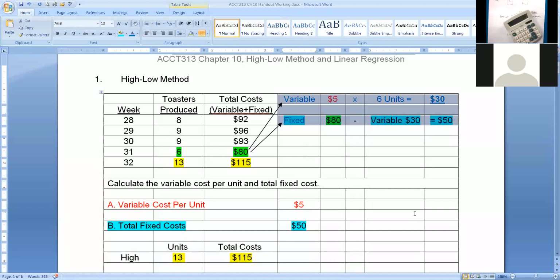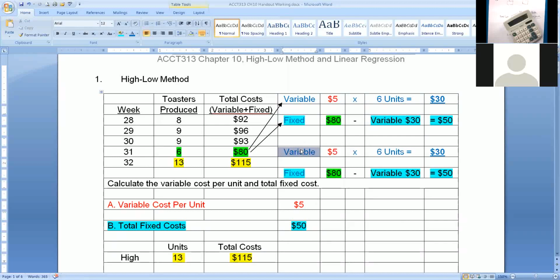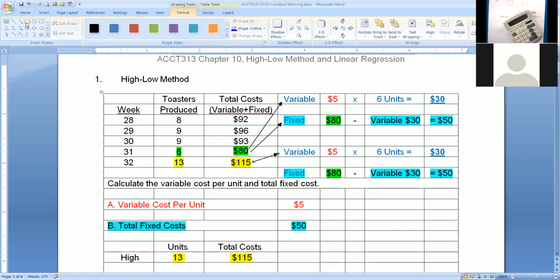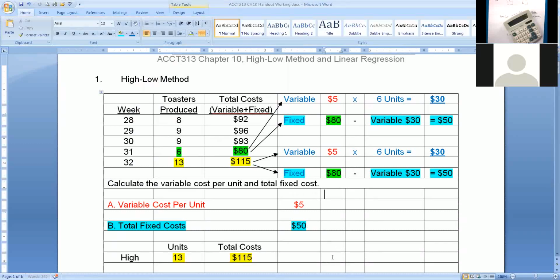Now in this one, you can check your answer by doing the same thing for the high. These would change, obviously. Instead of 6, this would be what, 13?